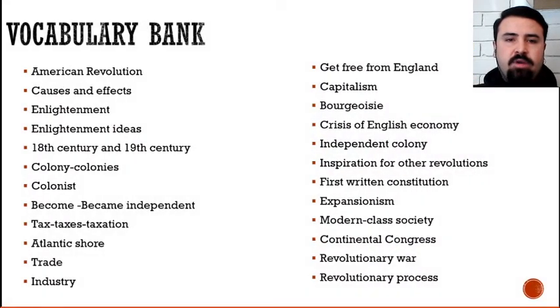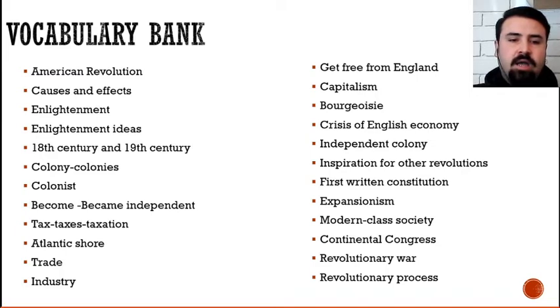Here we have a vocabulary bank you can use in order to create your sketchnote. American Revolution. Causes and effects. Enlightenment. Enlightenment ideas. 18th century and 19th century. Colony. Colonies. Colonist. Became independent. Present and past. Tax. Taxes.